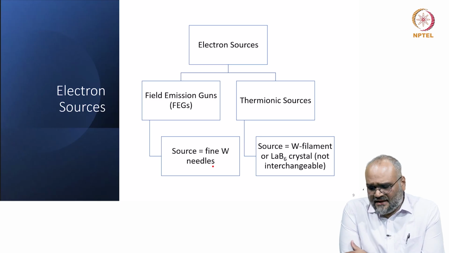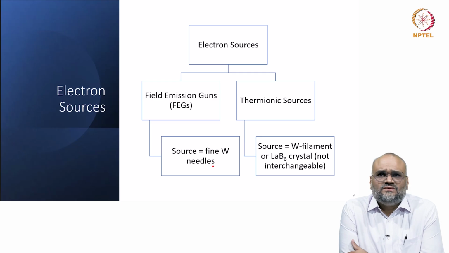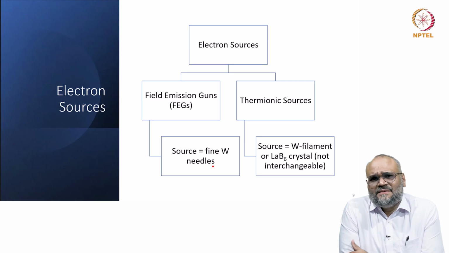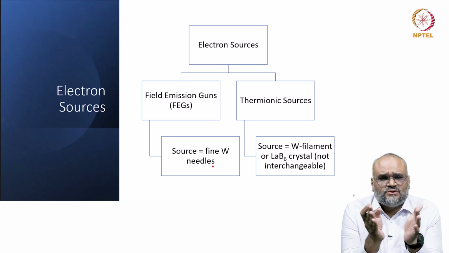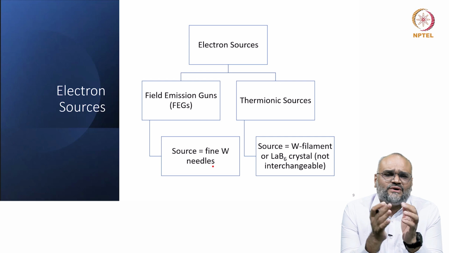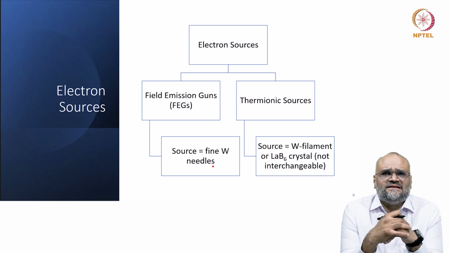And what happens here is when you start applying a current through a tungsten filament which has a lanthanum hexaboride crystal sitting on top of it, by overcoming the work function barrier, you are allowing electrons to be ejected through the system, and then you have the Wehnelt grid which focuses the electrons that are diverging to a spot, and this goes through your condenser lens and you form a probe, or you can spread the probe to form a sort of parallel beam to illuminate the specimen.